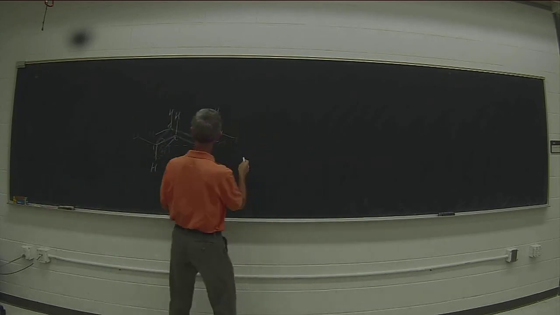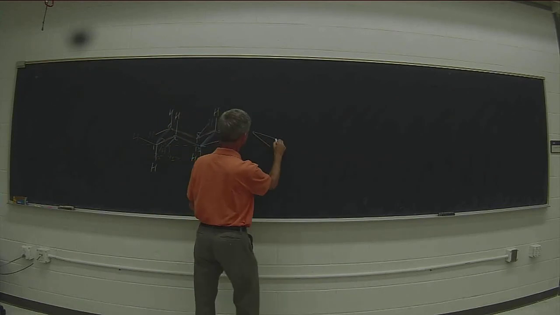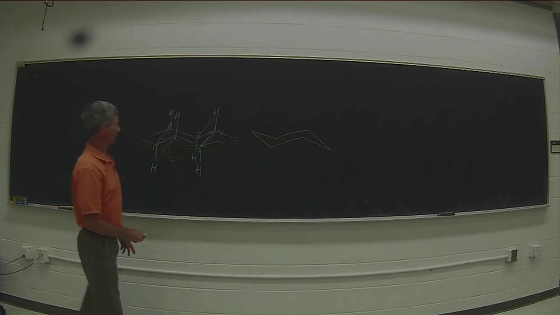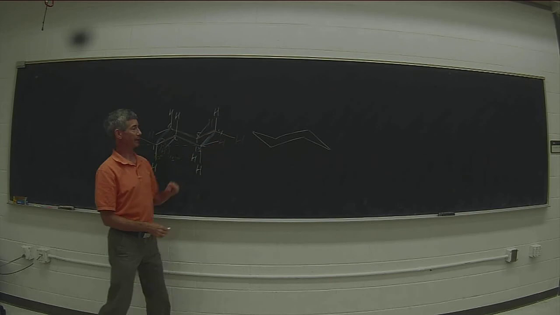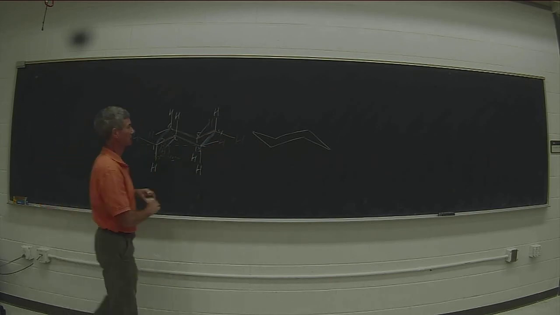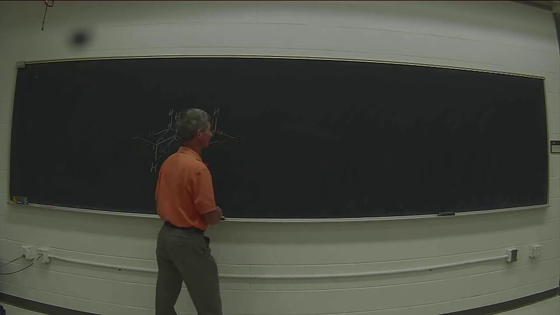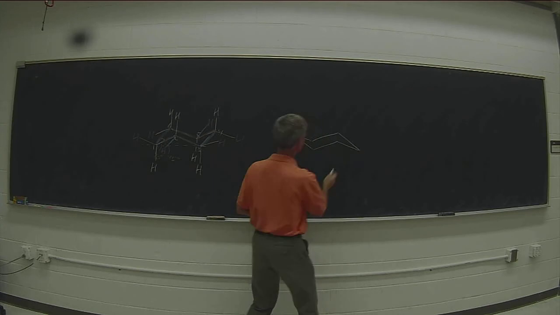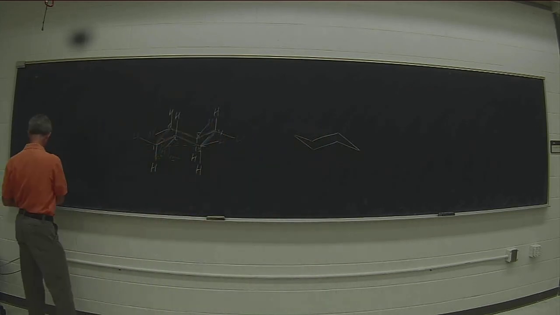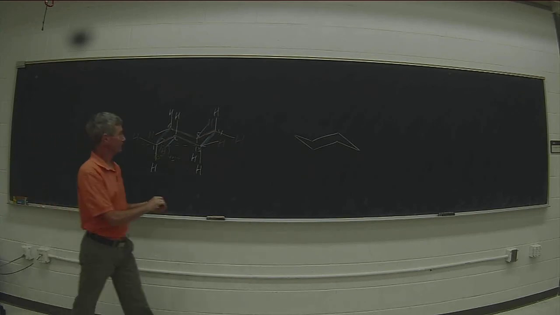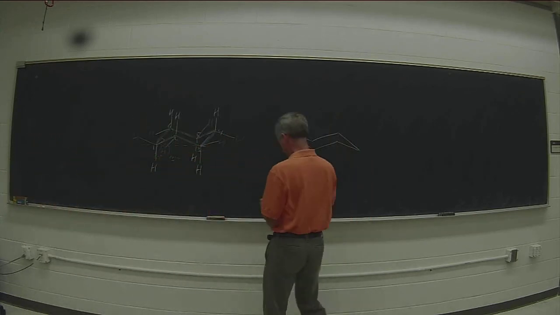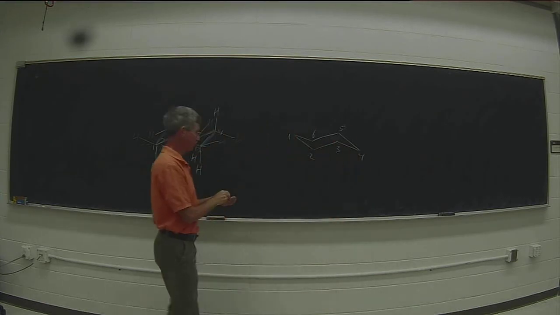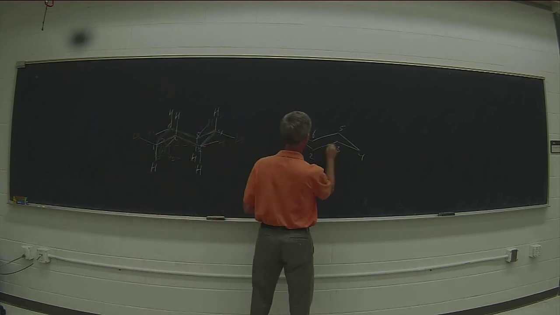which I can draw by simply changing the drawing. There are still three sets of parallel lines. I color code them the same way I color coded them before. You'll see that the carbon 2,3 bond is parallel to the carbon 5,6 bond.